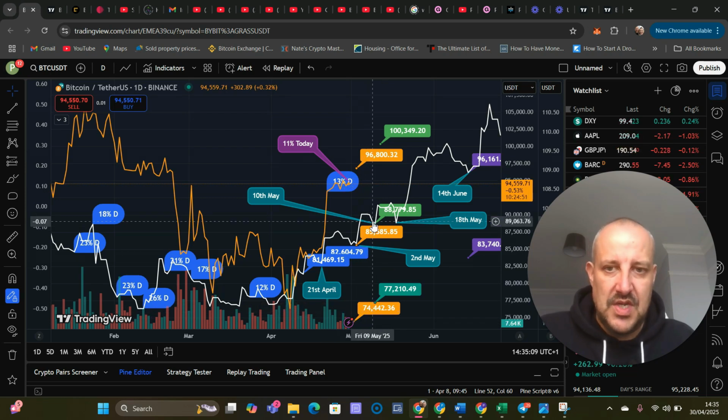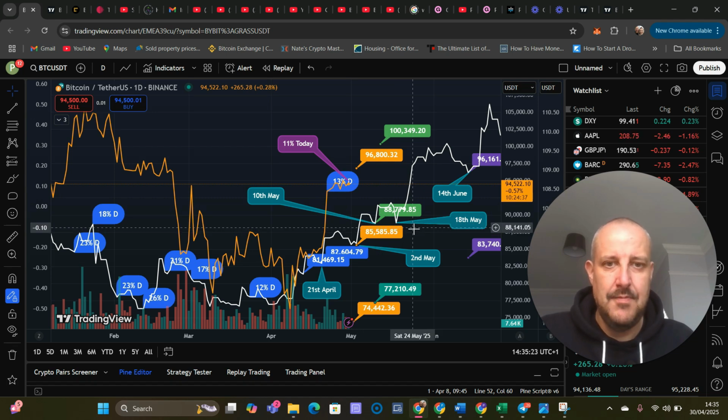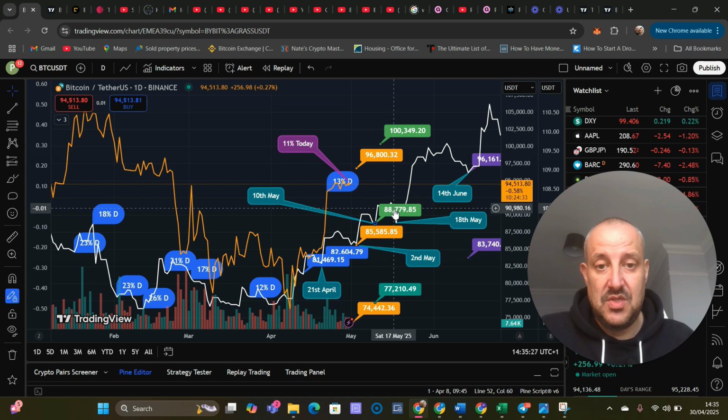And then I looked at other points. So we've got the 10th of May here, and we've also got the 18th of May. These are very similar. And to save cluttering it even more, the figures would be about the same. So both on the 10th and 18th of May, again, a 13% swing in deviation would see us at 100 grand or down to 77.